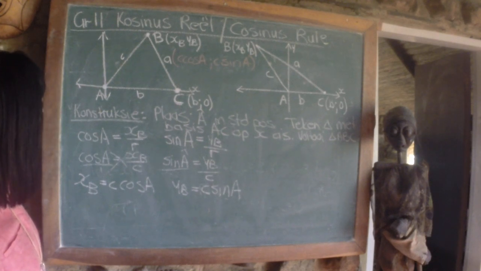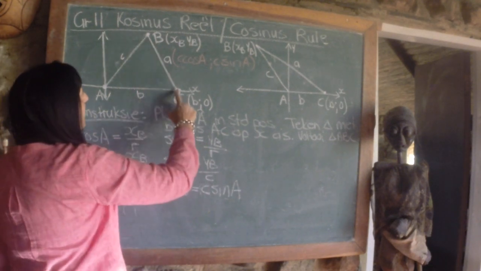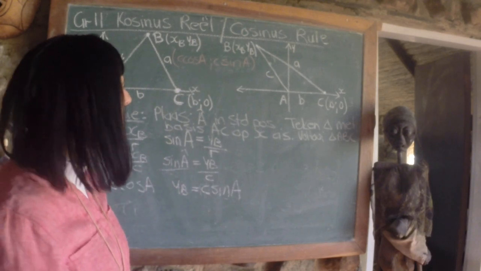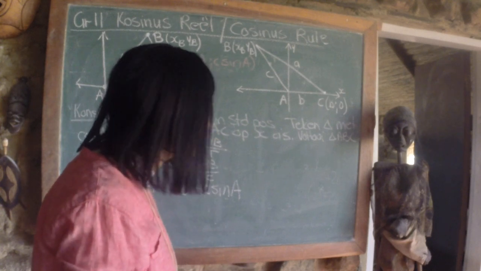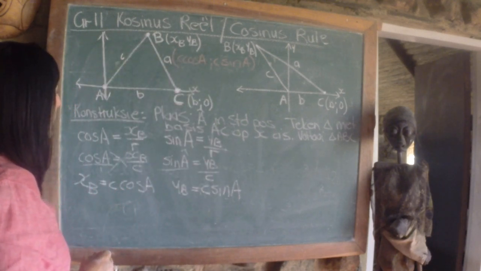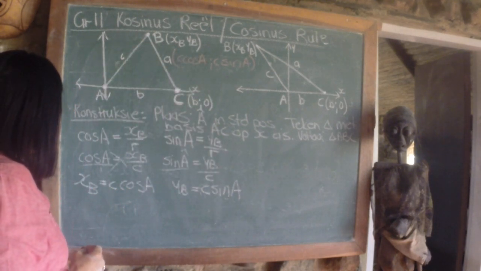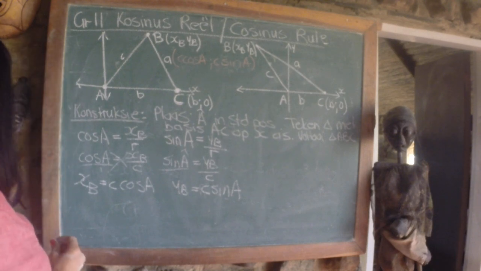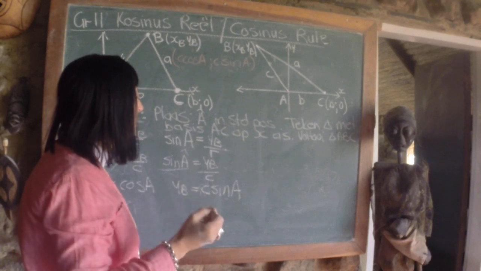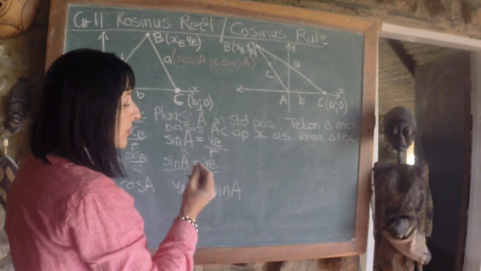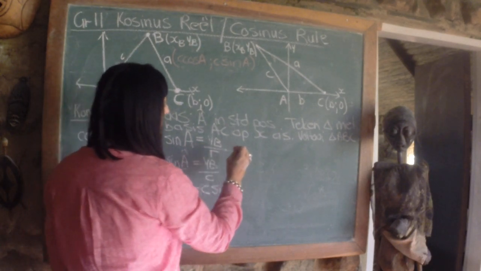After we've done that, let's look at the distance between B and C. The distance between B and C. You can remember that in grade 10 we already did the distance formula, the distance between two points. So we're going to use that, the distance formula.